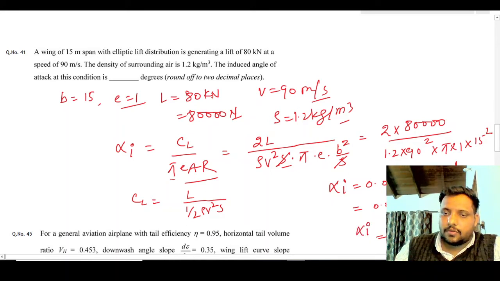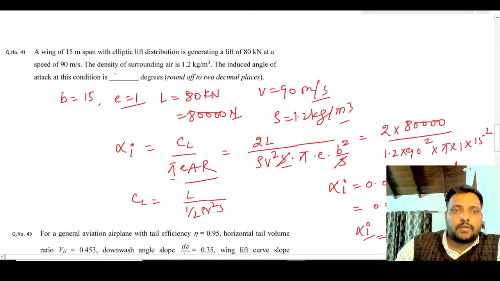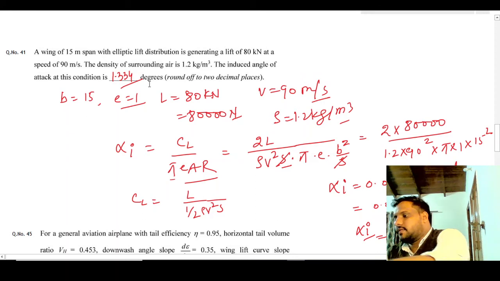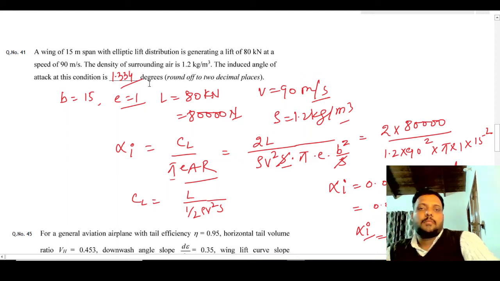So this is the induced angle of attack for the given conditions, 1.334. Okay, so this was the last question of this part.